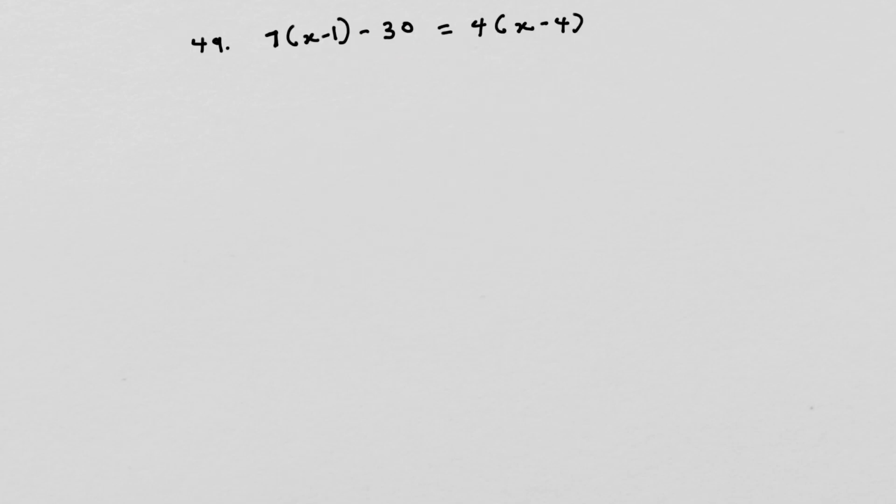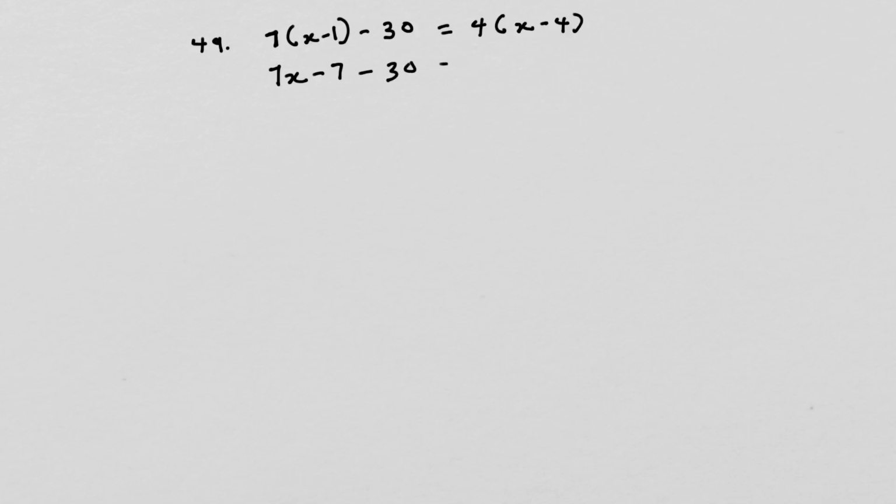Question 49. We are solving for x in 7 times x minus 1 minus 30 equals 4 times x minus 4. I'm going to rush through this process since both distribution and solving are things we've done multiple times in this video. We will distribute the 7 here to get 7x minus 7.